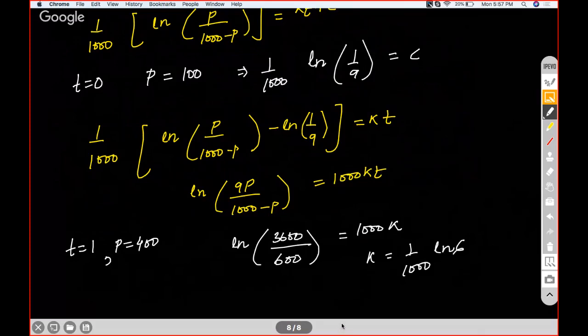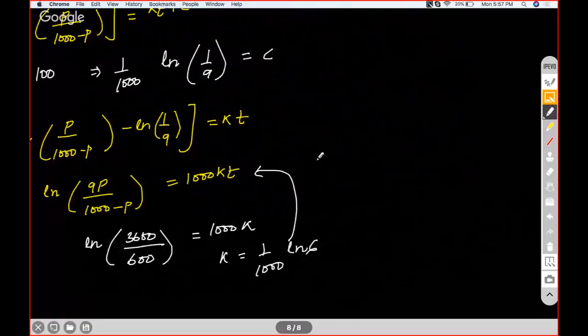If you put this back over here, what does the equation convert itself to? It becomes ln(9p/(1000 - p)) is equal to 1000kt, which is nothing but ln 6 times t.